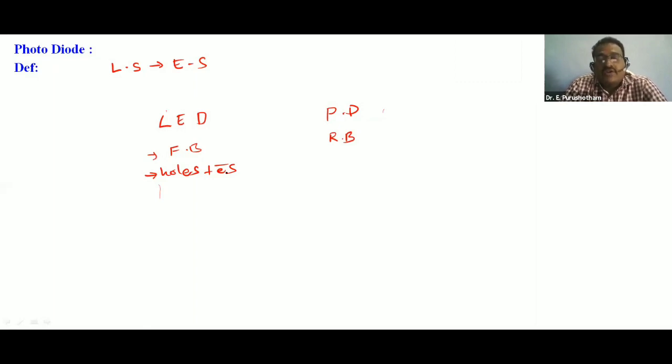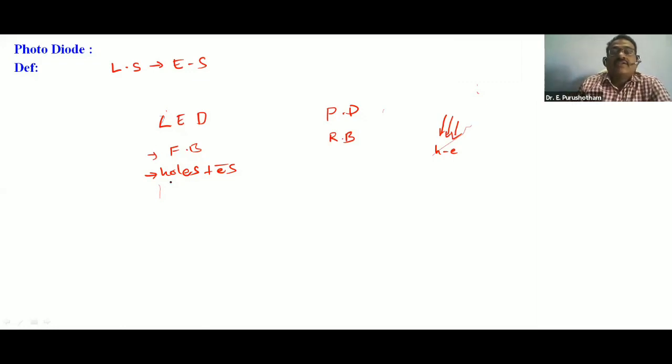Whereas in a photodiode, photons are absorbed by the electron-hole pair. If light is incident at a particular PN junction, the hole and electron pair at the depletion layer generates free carriers. Free carriers means holes and electrons, and they constitute some current.